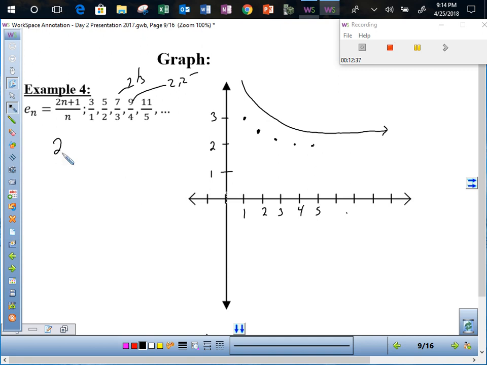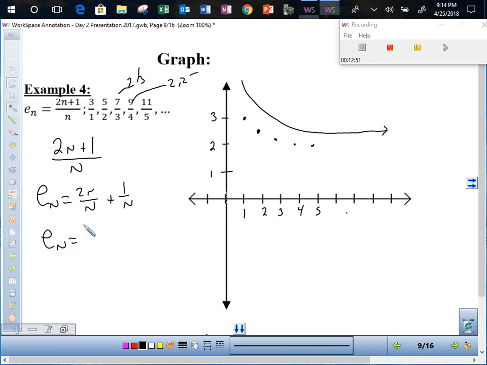Let's reduce 2n plus 1 over n. I can think of that as 2n over n plus 1 over n. If I reduce that, 2n over n is 2 plus 1 over n. Well, we know from our previous example, this limit right there is 0.